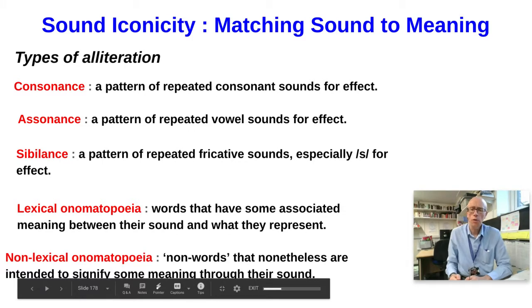What I want to talk to you about is sound iconicity. This is the idea that writers or speakers may be using words where there is a match between the sound of the word and the meaning. Remember all of that analysis that you used to do at GCSE literature?